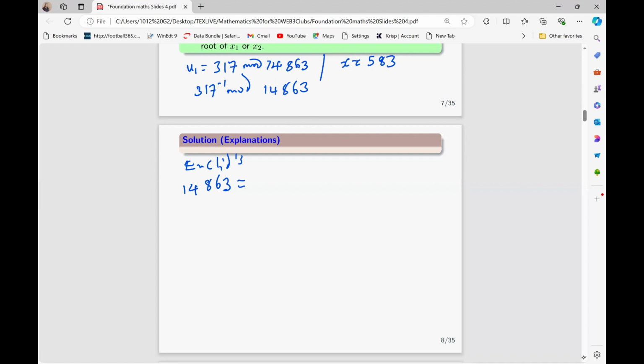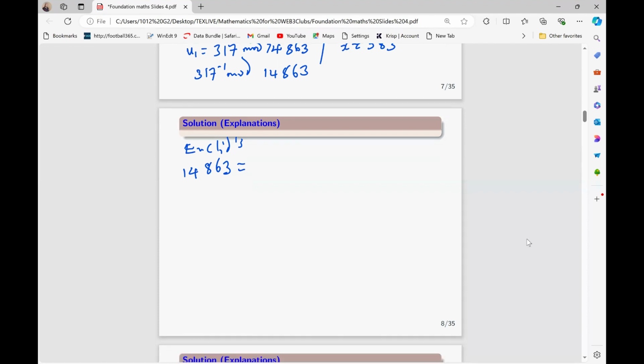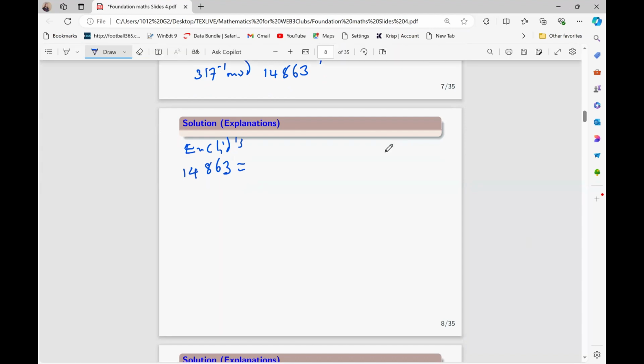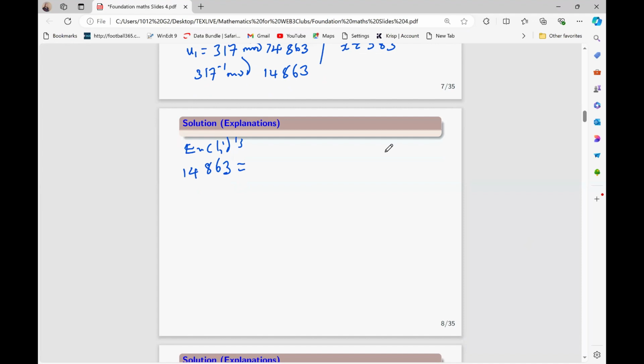Okay, I'm just using my calculator. 317 goes there 46 times.